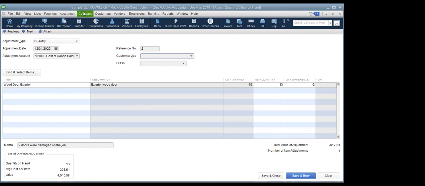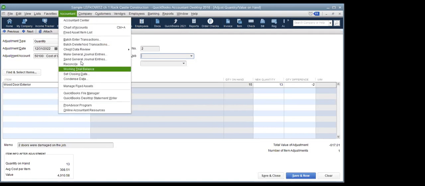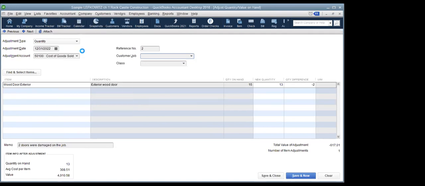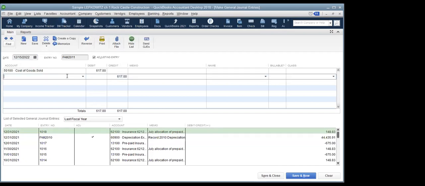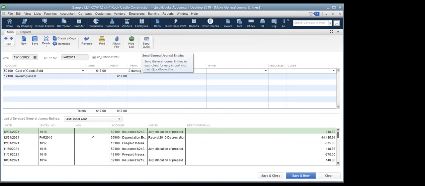You cannot do this journal entry, control and say make general journal entries. I want you to understand why not. It's not wrong in accounting to say cost of goods sold, $617. I can forget the penny. And merchandise inventory, inventory asset going down for damaged doors.